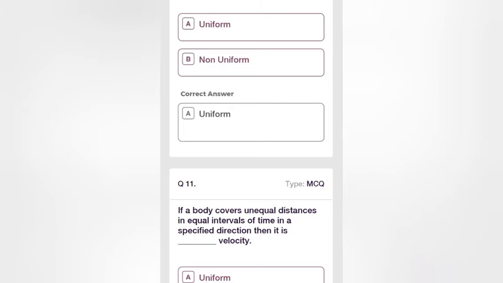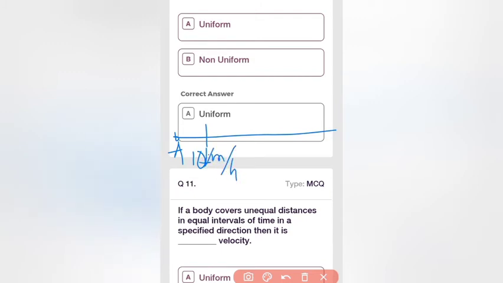If a body covers unequal distances in equal intervals of time in a specified direction, this I had already explained. Suppose a body is moving from this point, it covers 10 kilometer per hour, and from here to here 20 kilometer per hour, and from here to here 60 kilometer per hour.